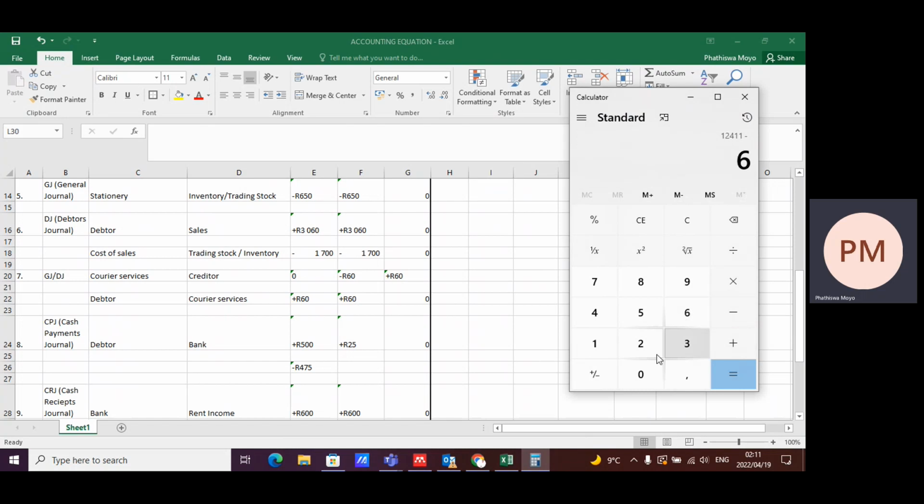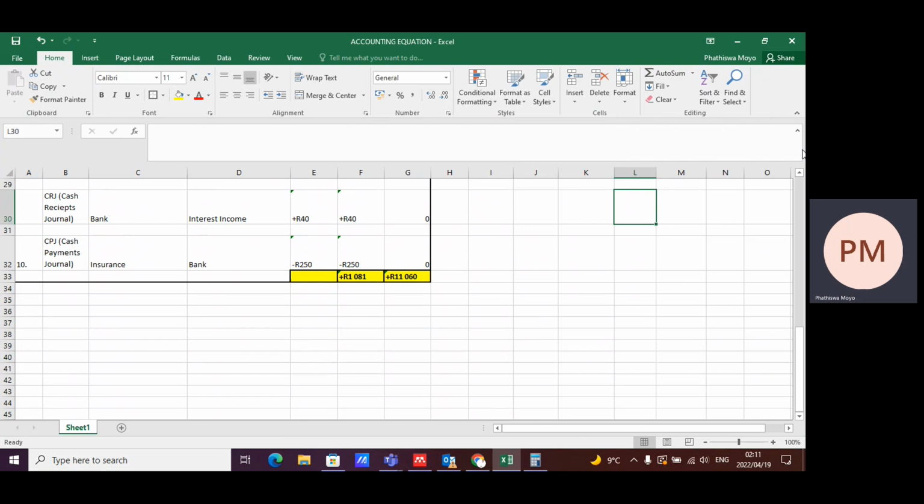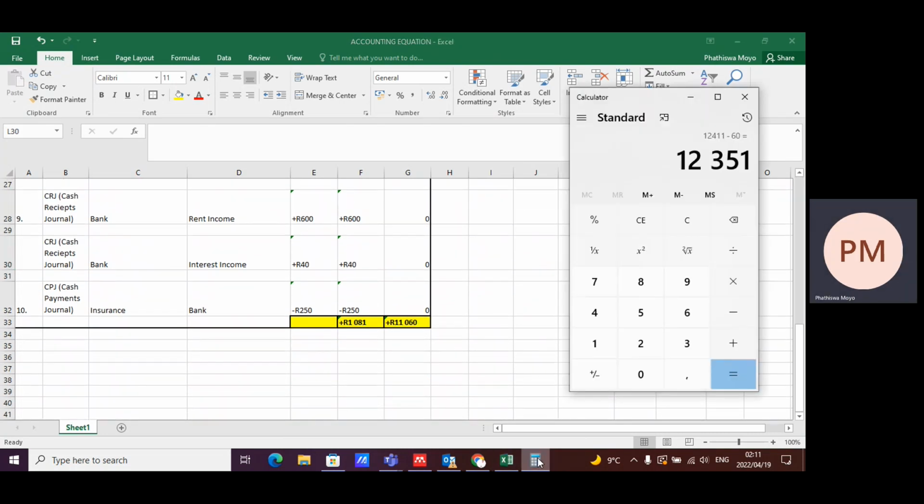And I need to minus that 60 rand because I was just making an example when I recorded at data account level. Plus 40, minus 250.